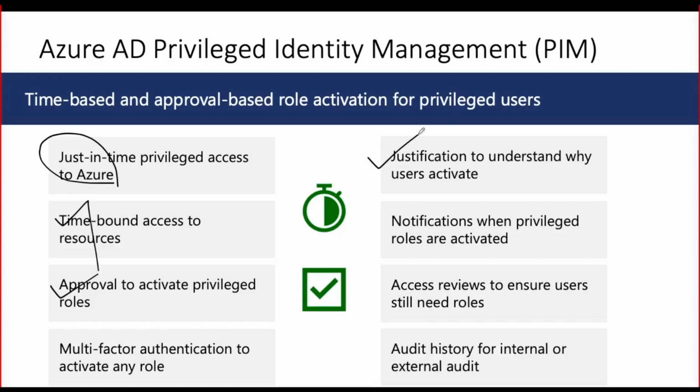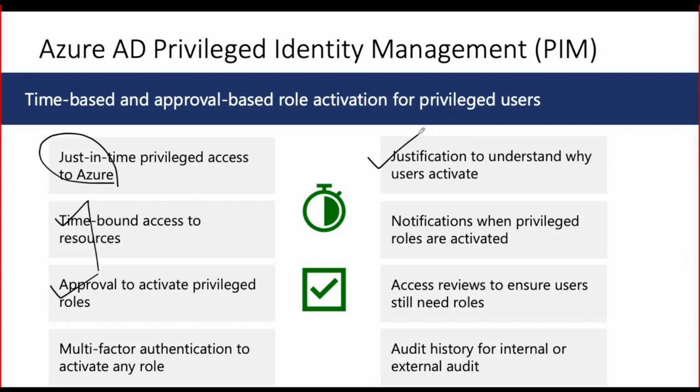Now there are two types of users that we have when you go ahead with PIM. One is eligible assignment, one is active assignment. What is eligible assignment? Eligible assignment denotes that someone is eligible to work as a security administrator, but he is not working 24/7 as a security administrator. So he will send a request, the request will be approved, and then he can work.